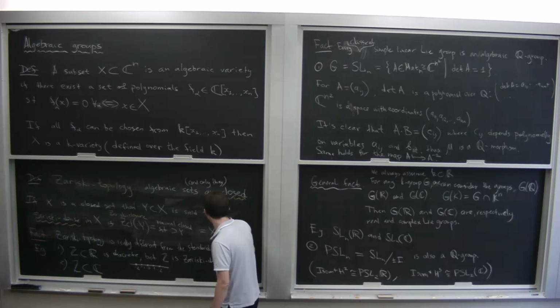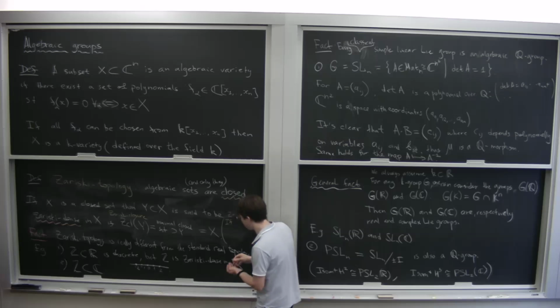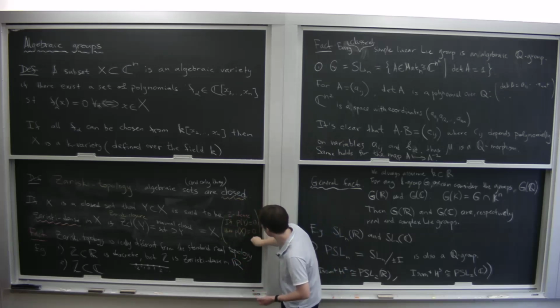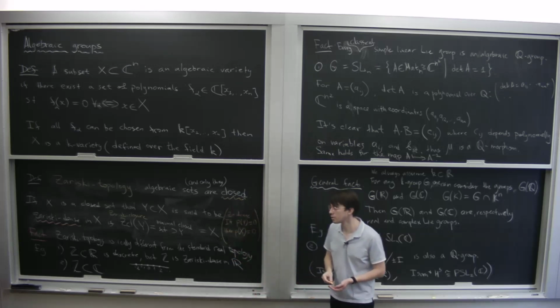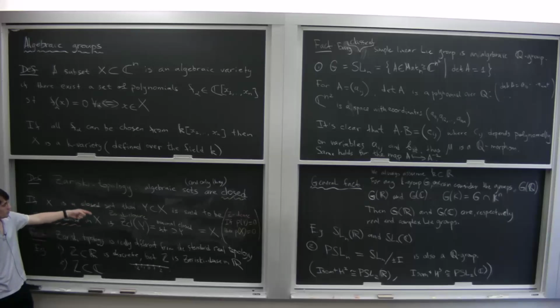Zariski density implies that if a polynomial p equals 0 on Y, then p also equals 0 on X. The point is that we should take care of the field.